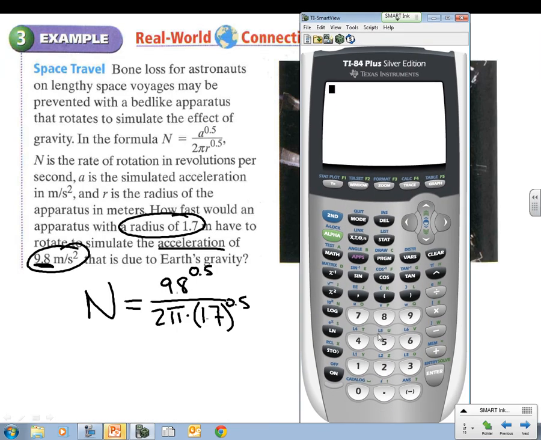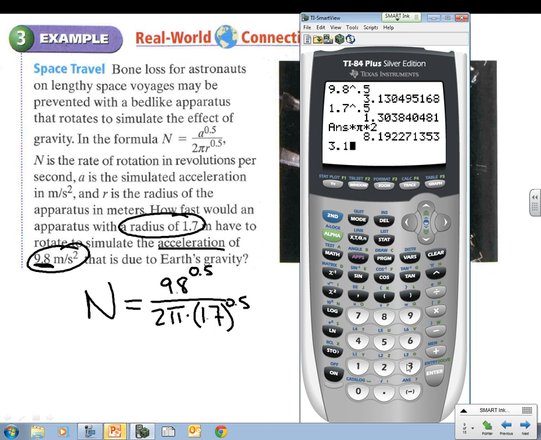So we've got 9.8 to the 0.5. That's that number. I'm going to do the 1.7 first. 1.7 to the 0.5 times 2 pi. And now I need to have the 3.13 divided by the 8.19.